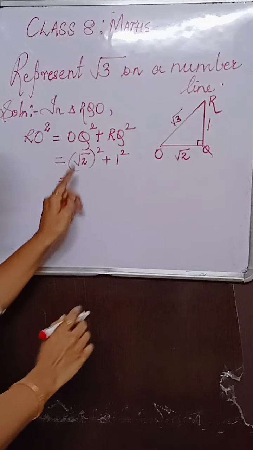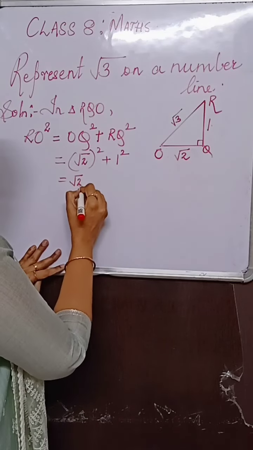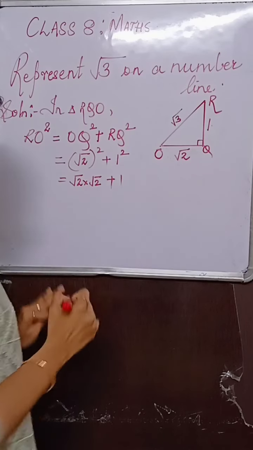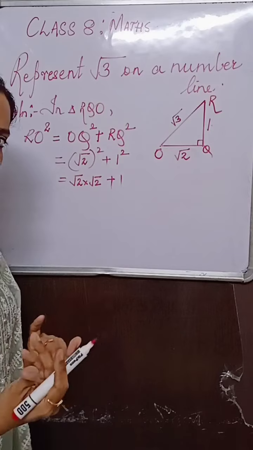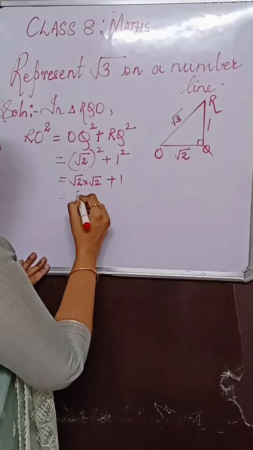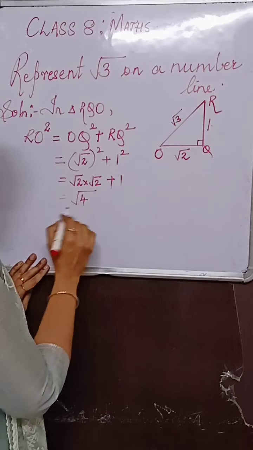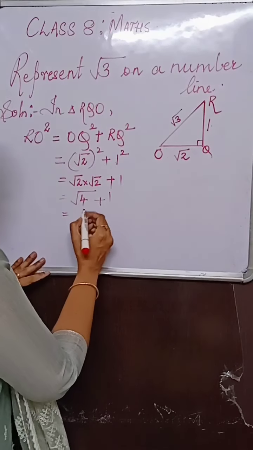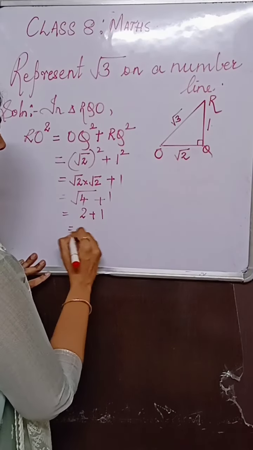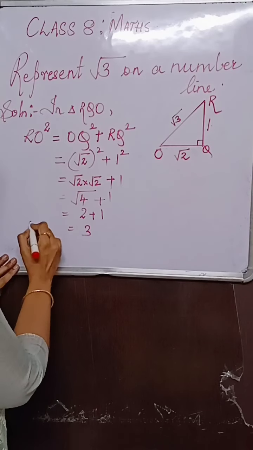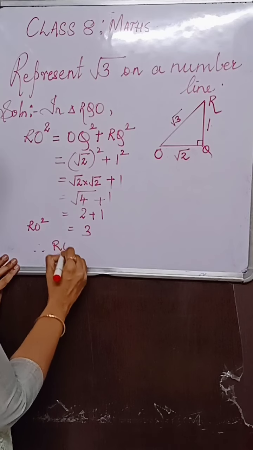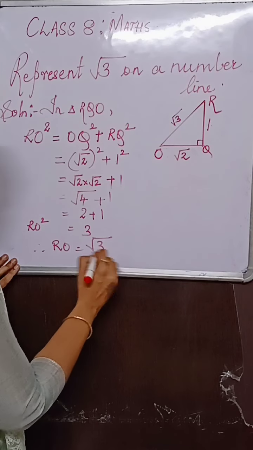How much is root 2 into root 2? Root 2 into root 2 plus 1 square will be 1. Root 2 into root 2 is how much? It will be root 4. 2 into 2, 4, plus 1. And square root of 4 is 2. 2 plus 1, 3. So we got RO square is equal to 3. Therefore, RO will be square root of 3.